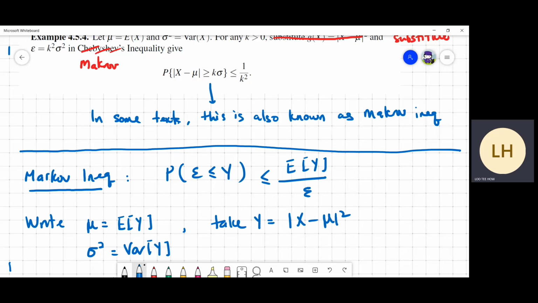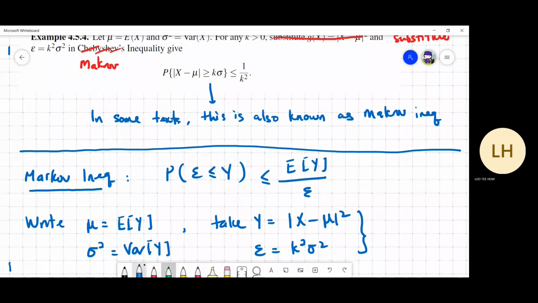And after that, we take epsilon to be k square over sigma square. By substituting these two into the Markov inequality, let's see what happens. We shall get back this inequality.